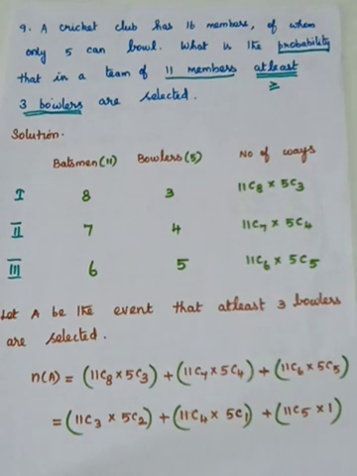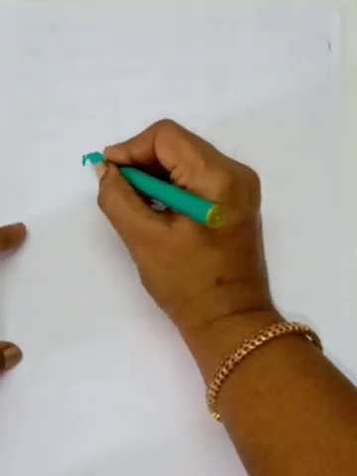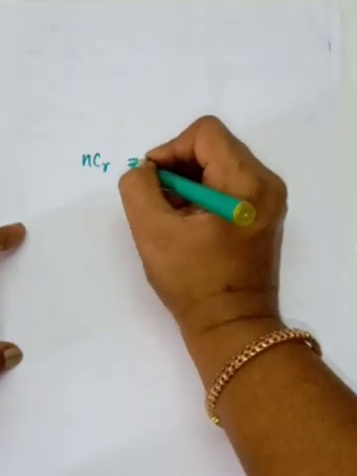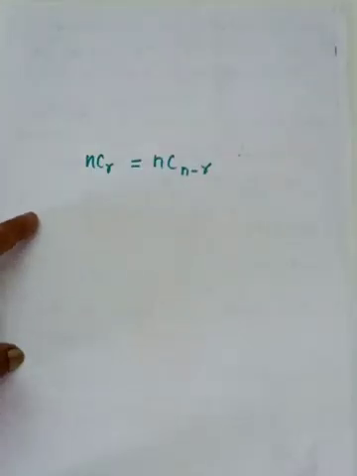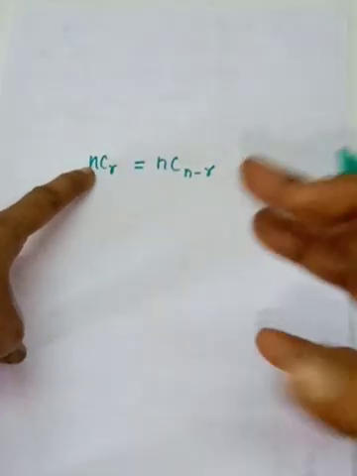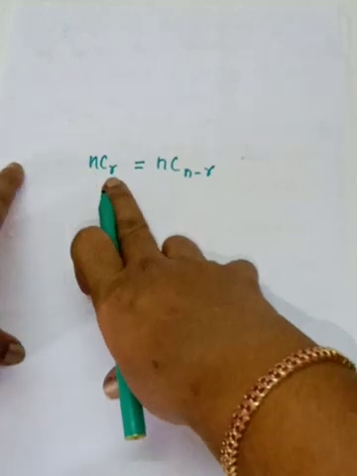In combinations, you will have one formula: NCR is equal to NCN minus R. N is the total number, and R is how much we are selecting.